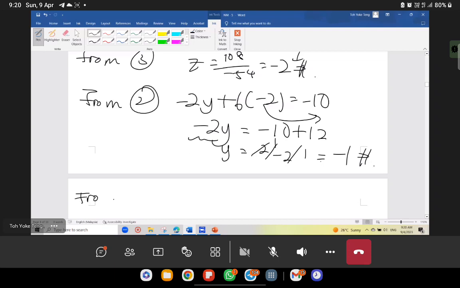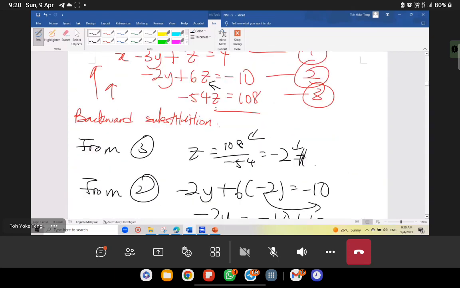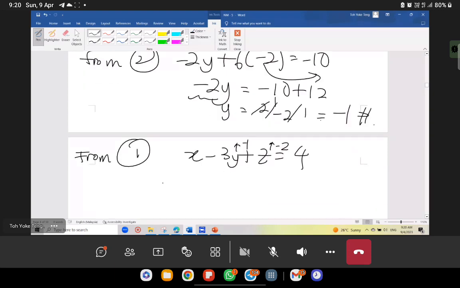And then once you get the value of y, just substitute it into the first equation: x minus 3y plus z equals 4. That refers to the first equation here. From previous, you know that z equals negative 2, y equals negative 1. So just substitute the values and rearrange it.